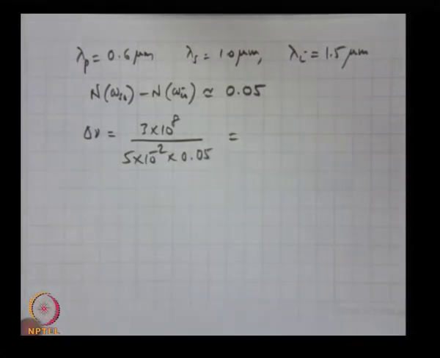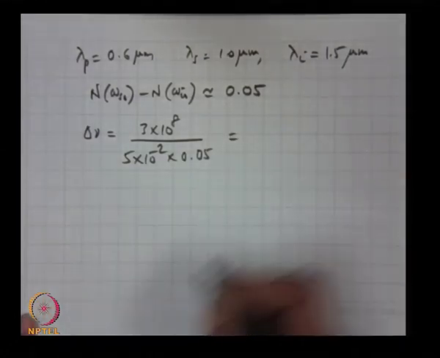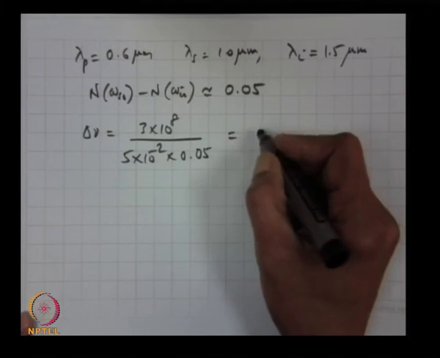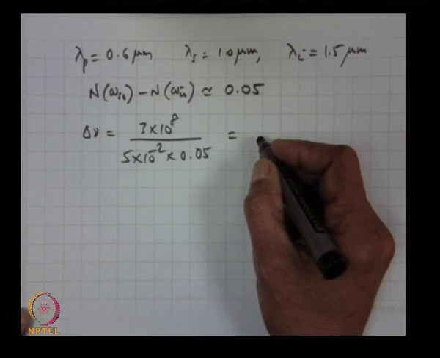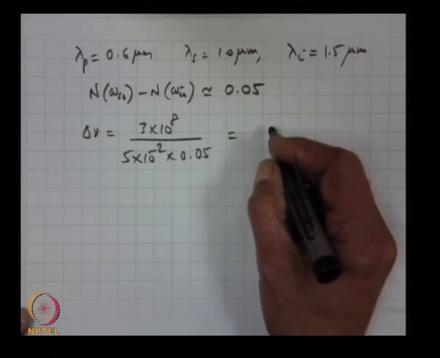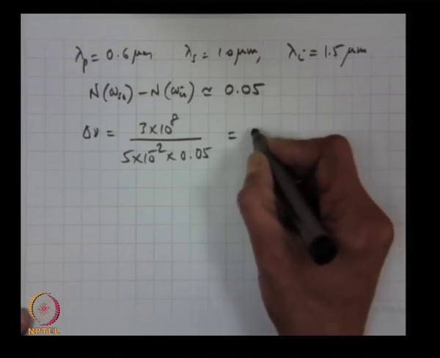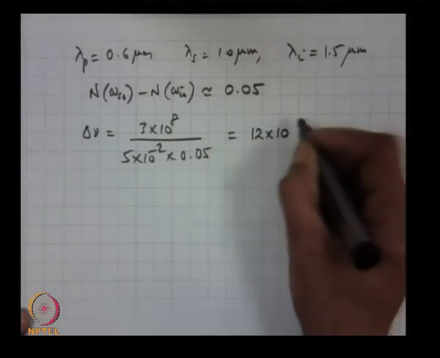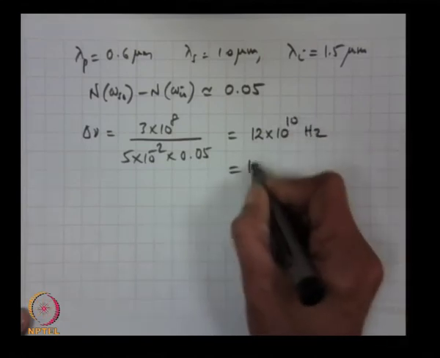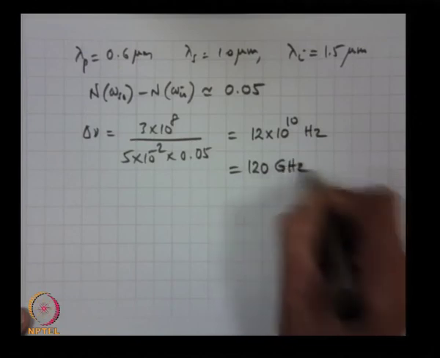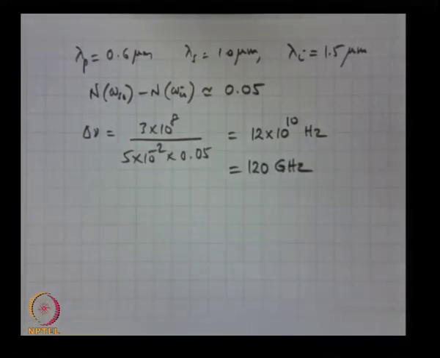How much is that? So 3 by 25 times 10 to the power 12. How much is that? 120 gigahertz, much larger than 1.5 gigahertz we had calculated.